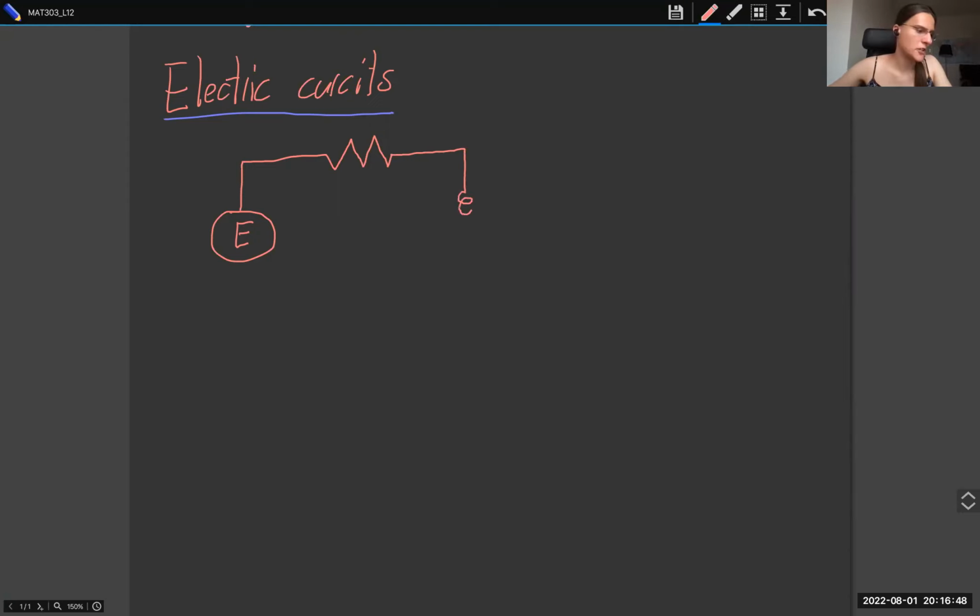This is known not as an induction coil, but as an inductor. And then there's going to be some capacitor, which is drawn like this. So this is going to have some resistance R, some inductance L, and some capacitance C.